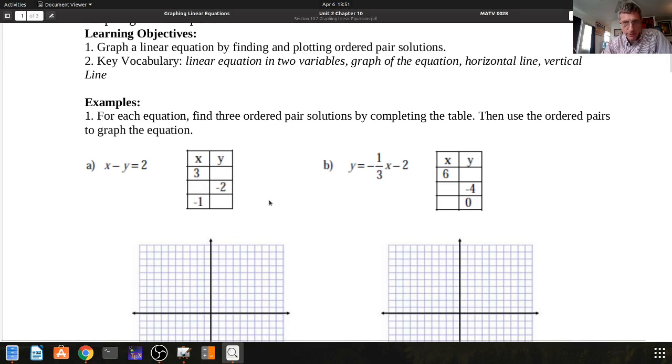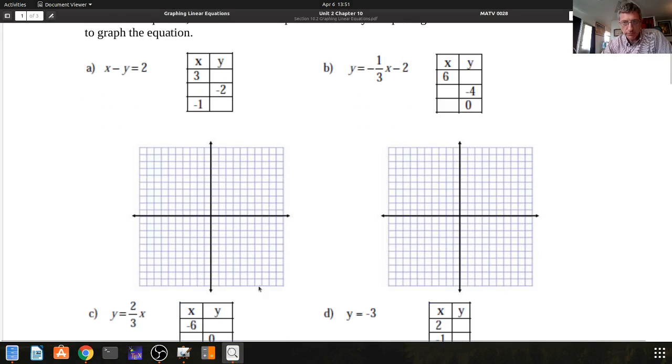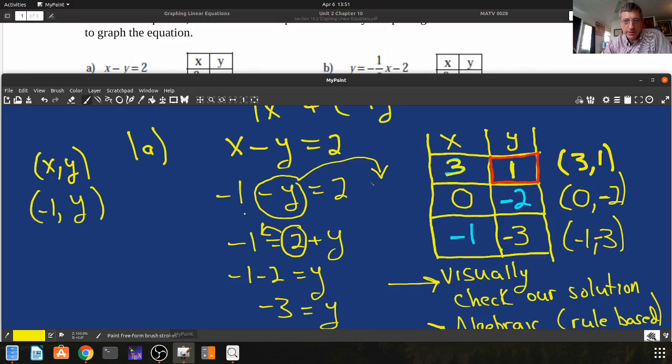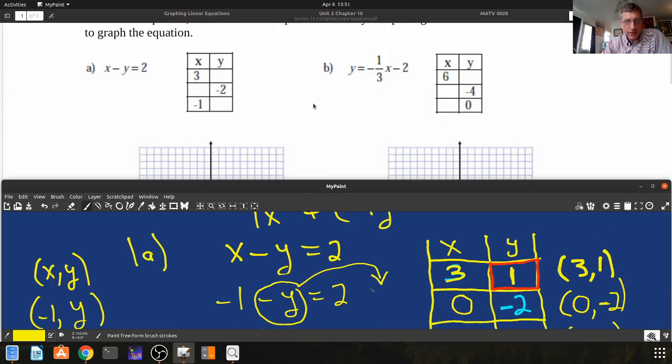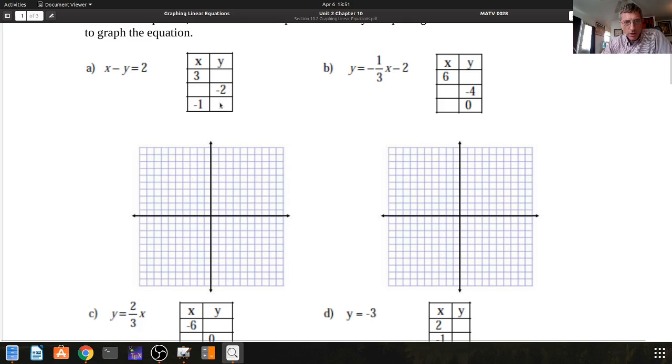Let's go ahead and do the next problem. In this case, we've got a brand new problem. So down here, what you would do if you're doing this at home, is you would have 3 and you should have 1 in the y place. So you'd go over 1, 2, 3, and 1.